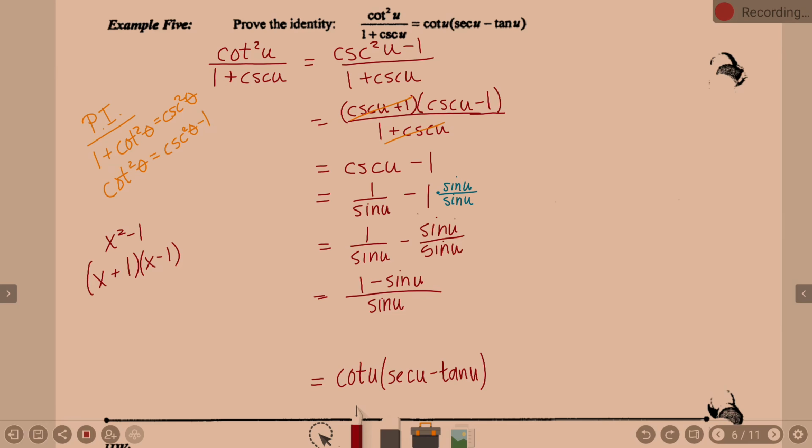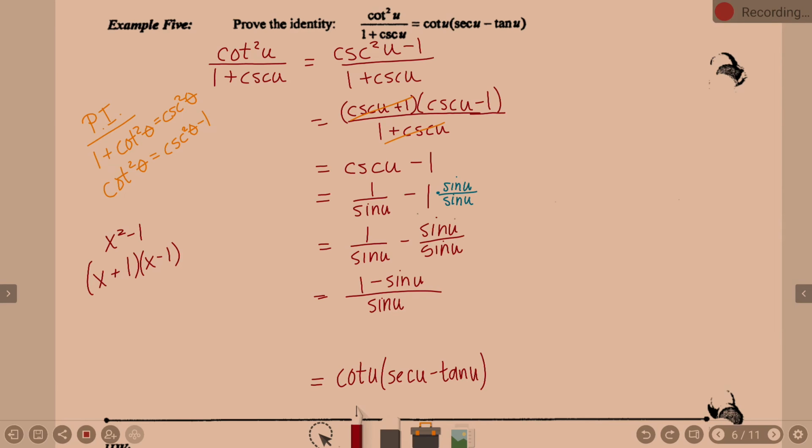Here's what I noticed. I'm going to have parentheses that are something minus something. I'm going to need a cotangent out front. What do we know about cotangent? It's cosine over sine. What do I currently have in the denominator? A sine.